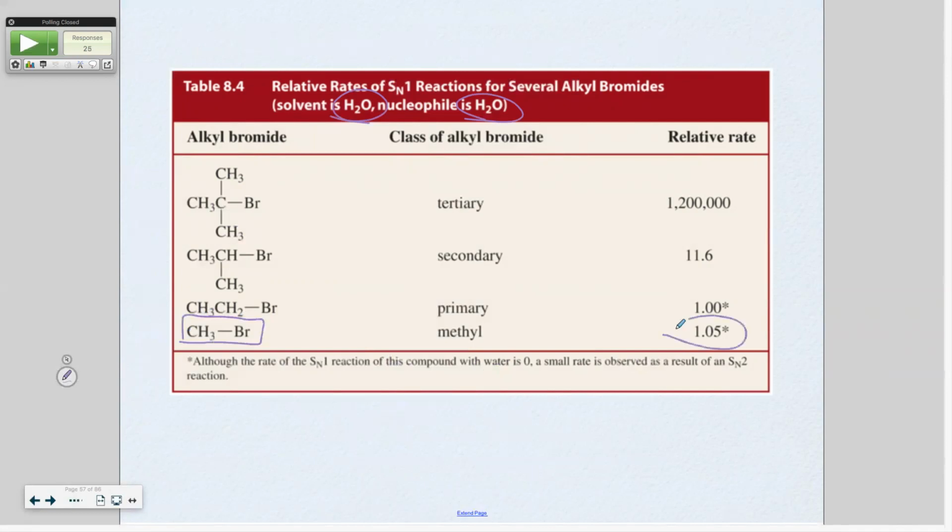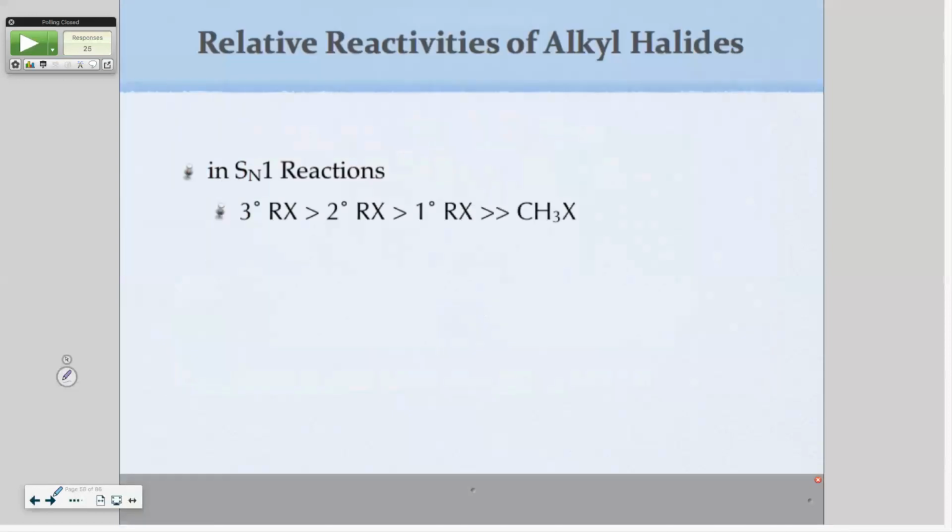When they did it, the rate was a little bit faster than the primary, and they think that it's because the SN2 reaction kicked in. So that's all that is. Okay, in SN1 reactions, the tertiary is much better than the secondary, then a primary, and this is on the bottom. And we're going to talk about how you know if it's SN1 or SN2.